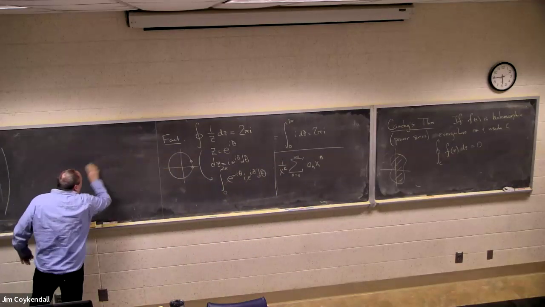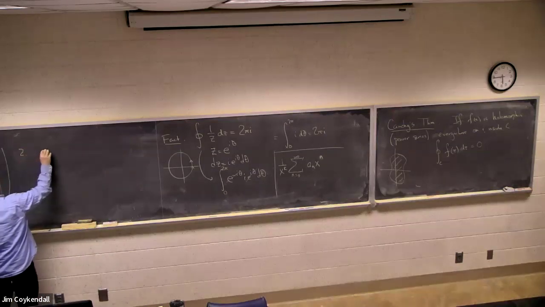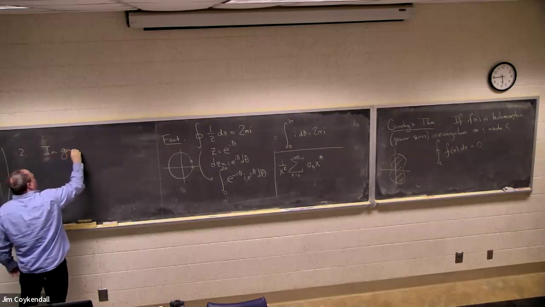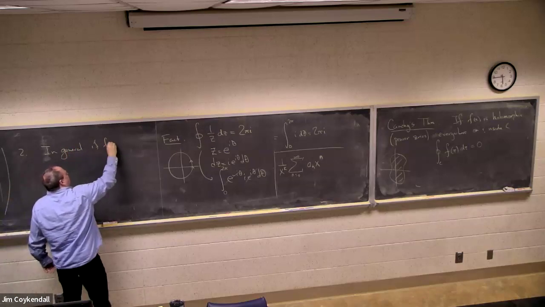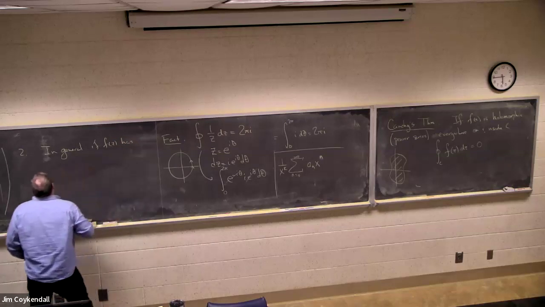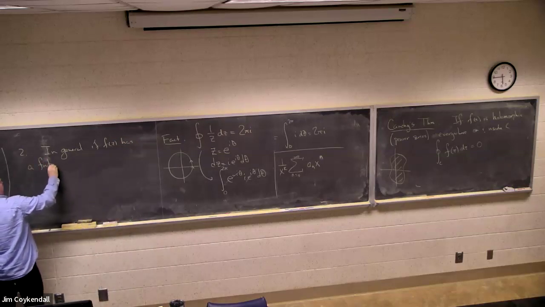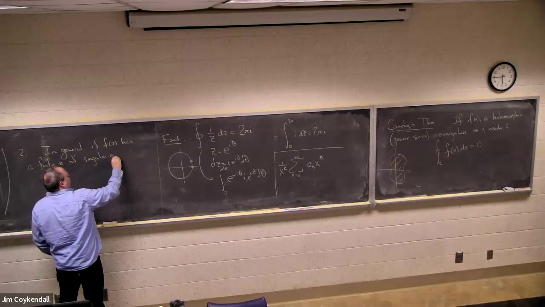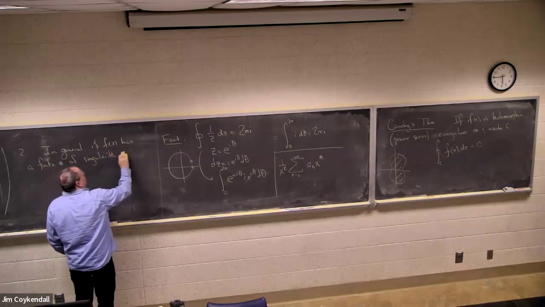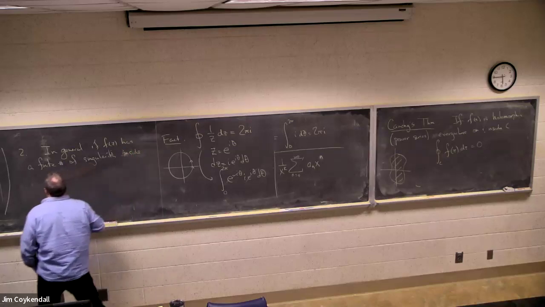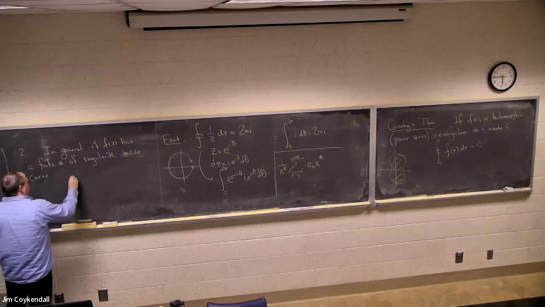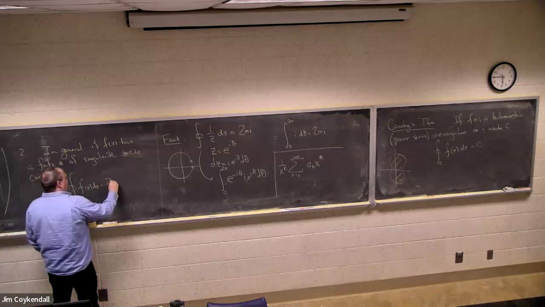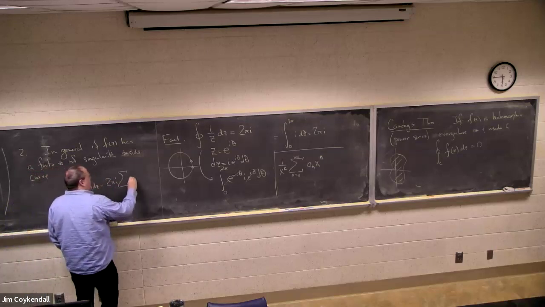And number 2, in general, if f of z has a finite number of singularities inside the curve, then the integral around the curve is 2 pi i times the sum of what we'll call the residues.